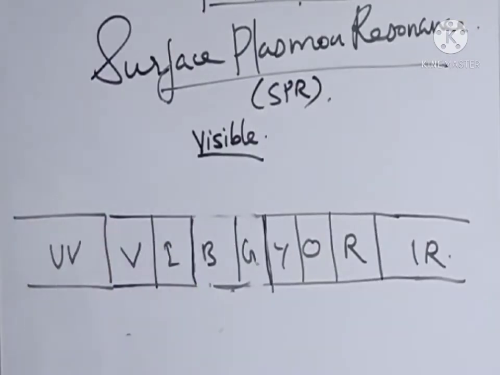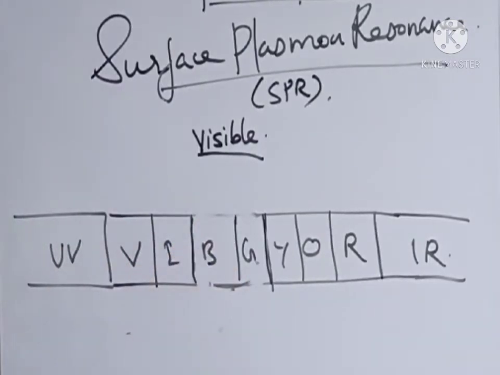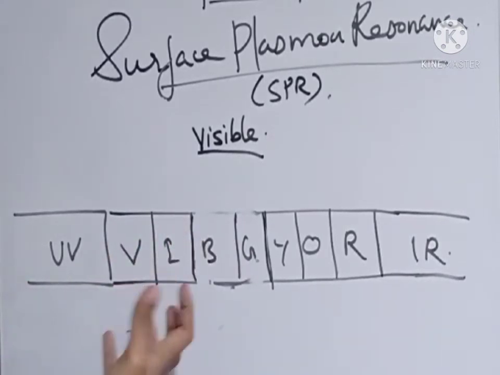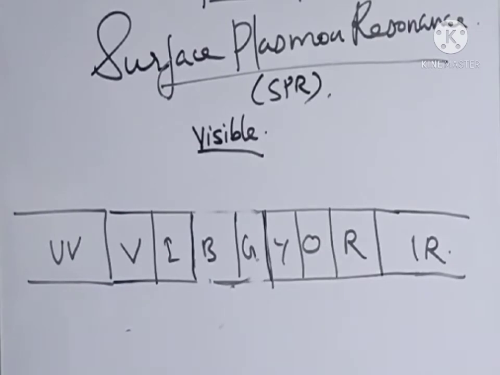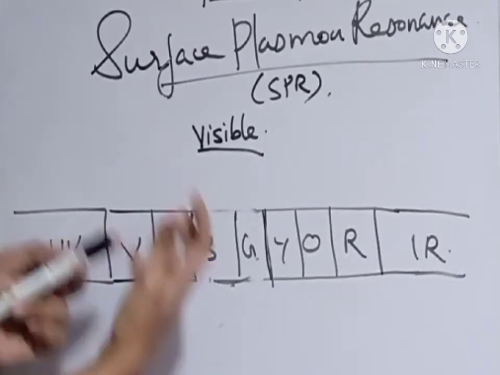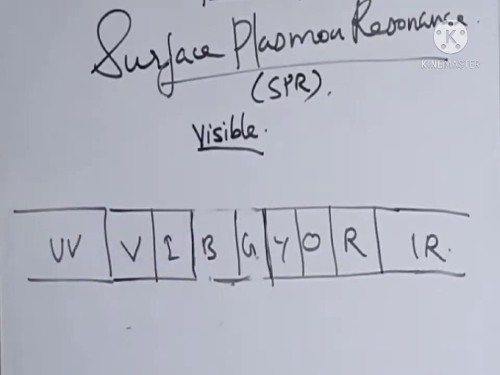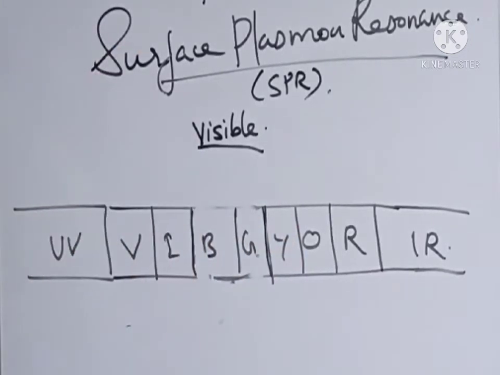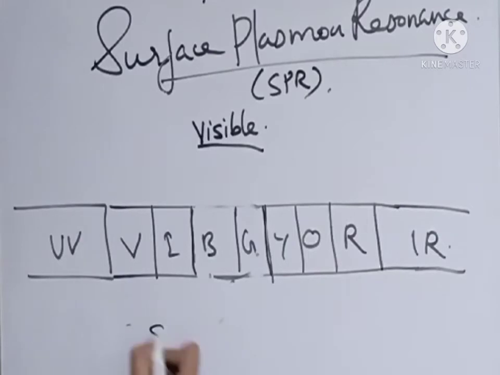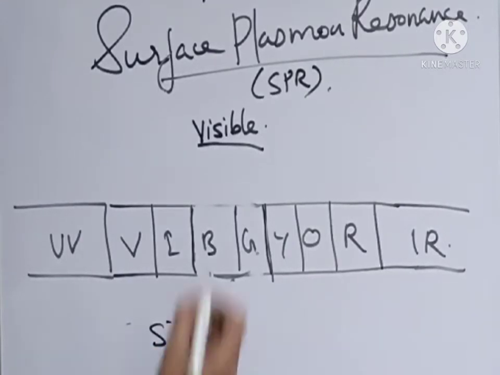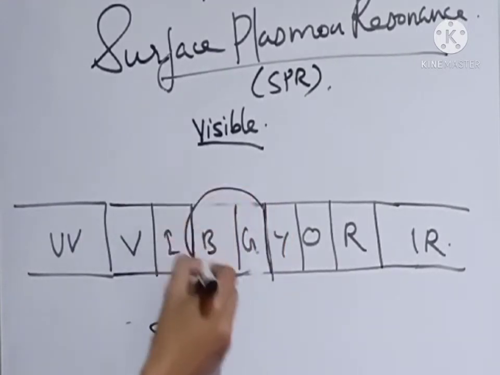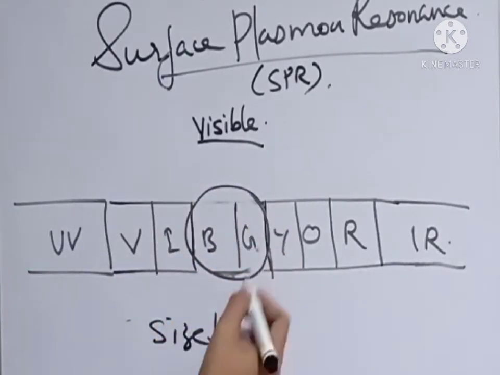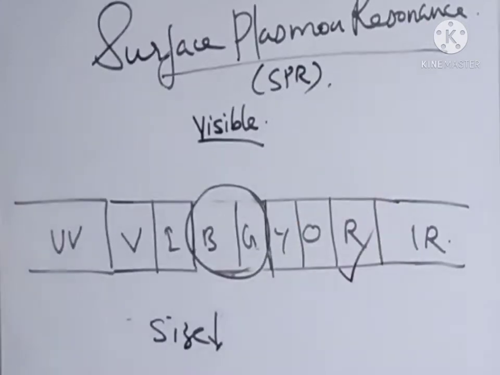During SPR, based on the size of the nanoparticle, some portion of the visible region is absorbed by the nanoparticles, and the colors other than the absorbed are reflected. When the size of the nanoparticle is very small, the particle will absorb the blue-green region and the reflected light will be red.